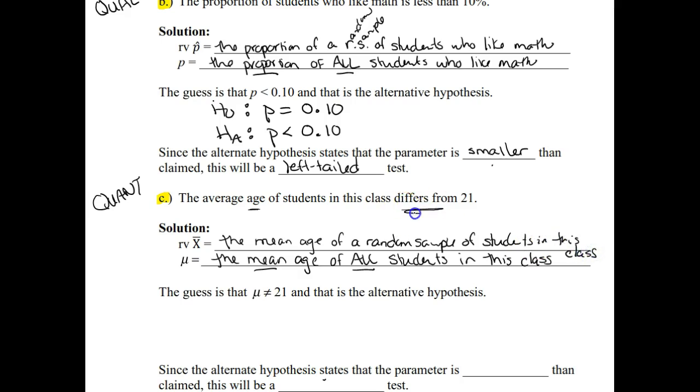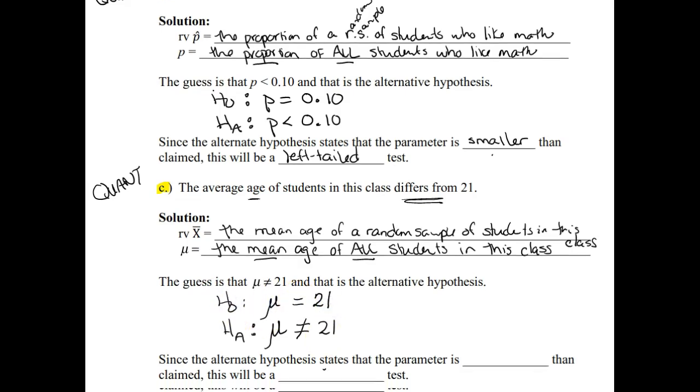All right, so in this case, they're making the guess that that average age differs from 21. So that means our alternative would say that mu is not equal to 21, since differs from is a not equal to sign. And again, the null hypothesis is always a statement about no change, so mu equals 21.